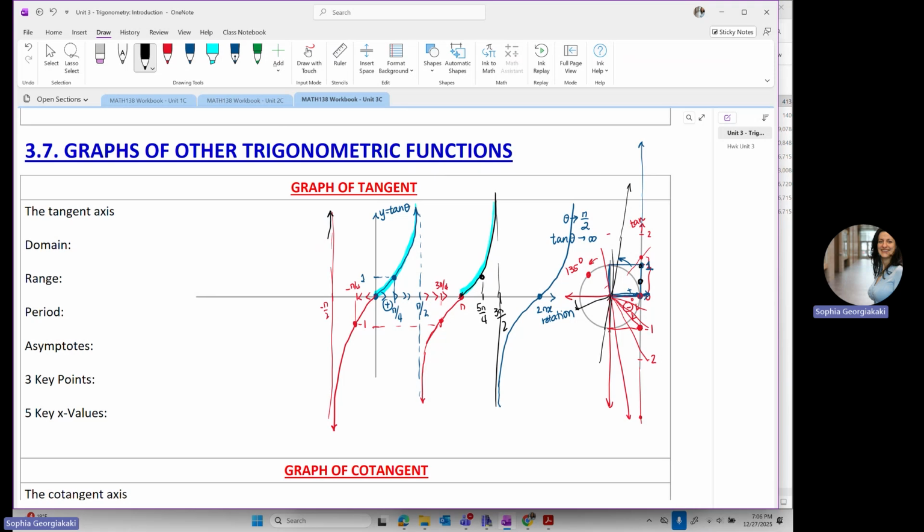When I hit -135 degrees, my reference angle will be exactly 45 degrees, and at 45 degrees, I will hit that 1. So here at -3 pi over 4, I will have a 1. And then at negative pi, I will have a 0 for my tangent.